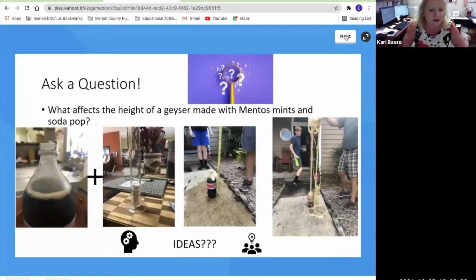And so here we have our soda pop and we have our Mentos, and we want to figure out how we can experimentally decide which way is going to make the tallest geyser. And we need to think about what kind of parameters would affect the height of the geyser. And so we're going to think about these kind of things. So I want to think about some ideas on what we could do with the soda and or the Mentos to make the geyser the highest. Okay.